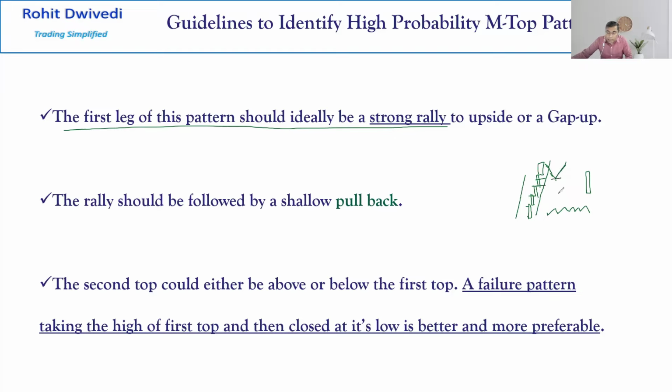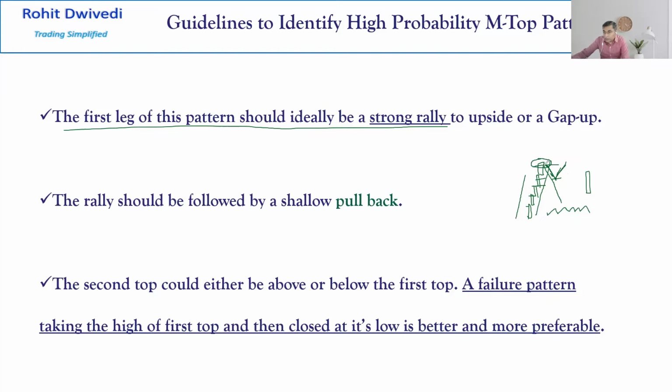A shallow pullback is very important because when prices pull back and then move back up, they will stay near this top where the sellers are, right? In other words, if this pullback is deeper and comes down here, the impact of sellers sitting at this top will just go away.